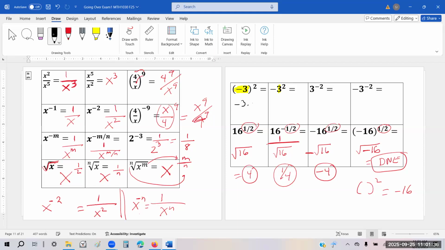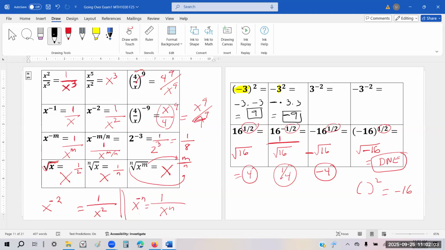So you're multiplying -3 twice. What's the answer? +9. Versus the next one, it doesn't have any parentheses, so it's negative times 3 squared, meaning 3 times 3. So you get -9.